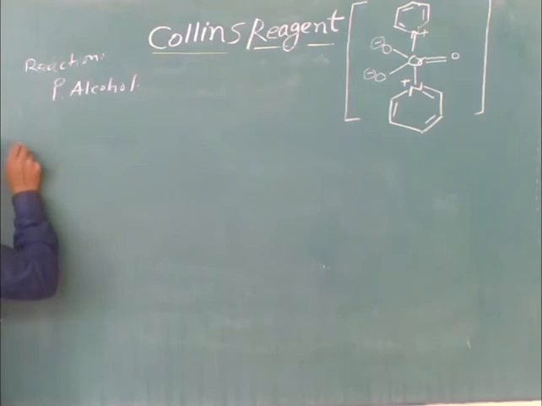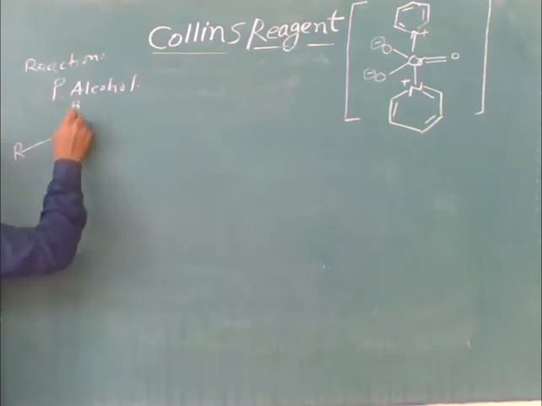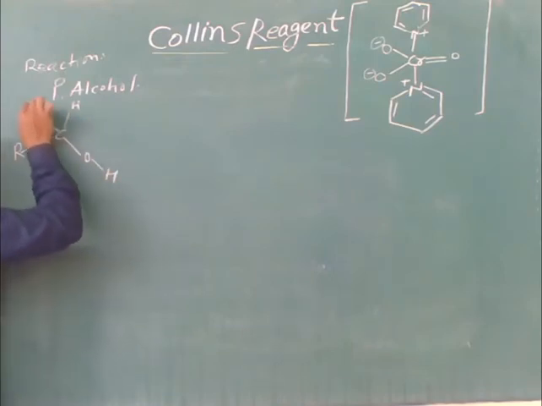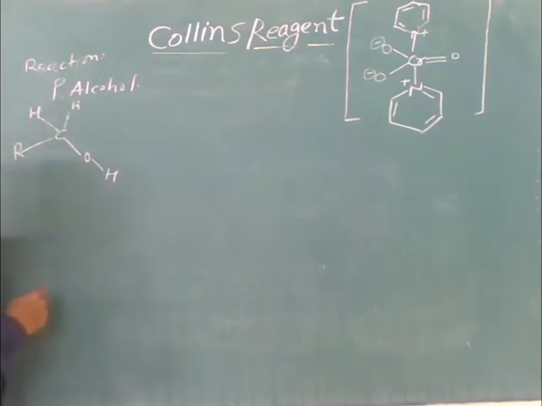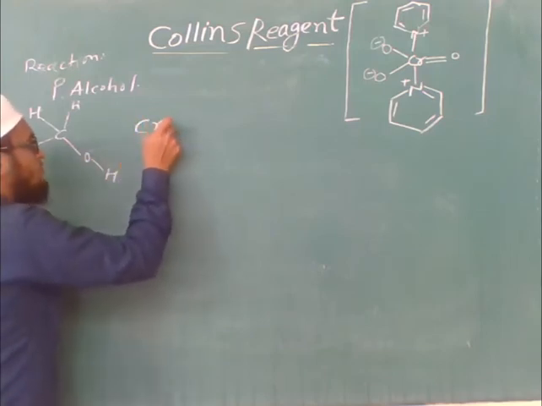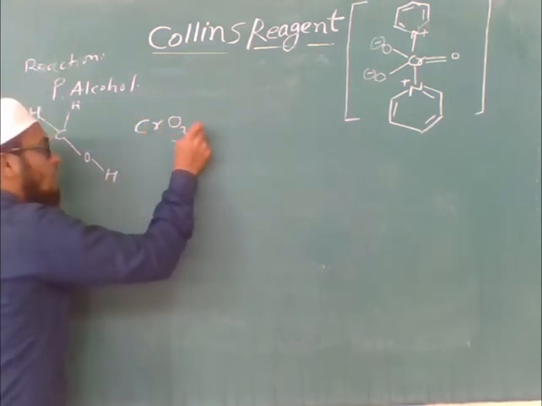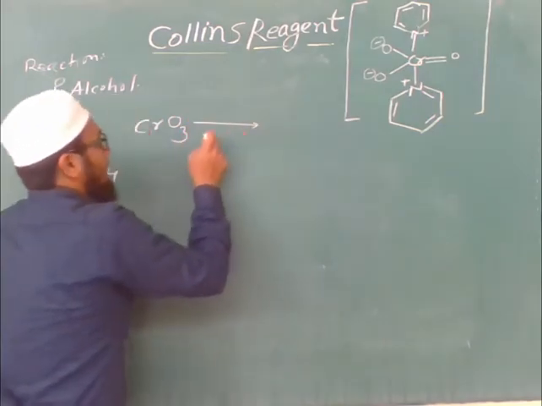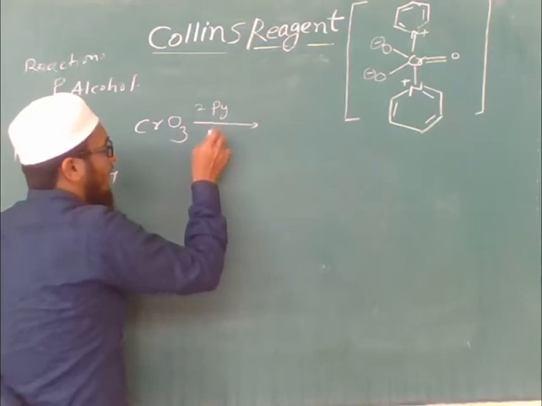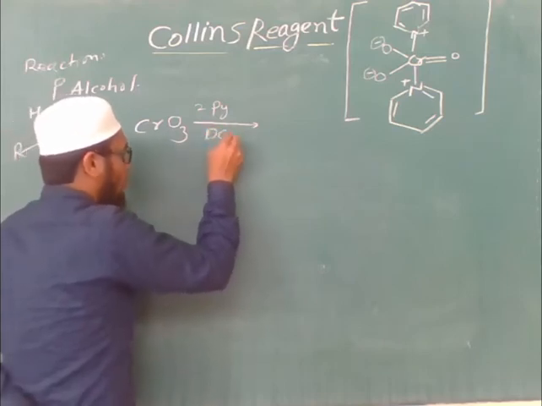So how can I write it? R, C, single bond H, single bond OH, single bond H. So what I'll do, I will write chromium trioxide plus Py 2 molecules and DCM, dichloromethane.